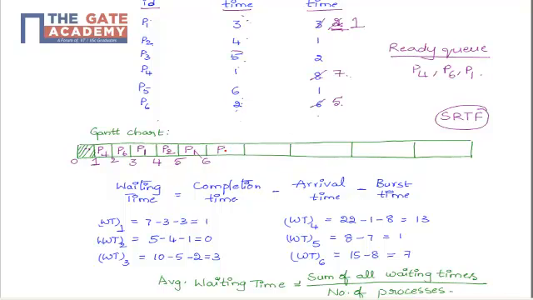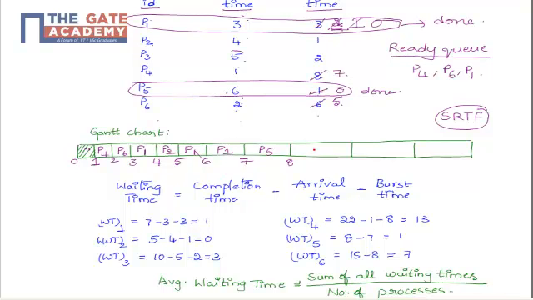Next one will be P5, because at the time of 6 it will enter into the ready queue. If you see the burst time of process P5, it is 1, so it has less burst time, so it will be completed. So process P5 is also done.